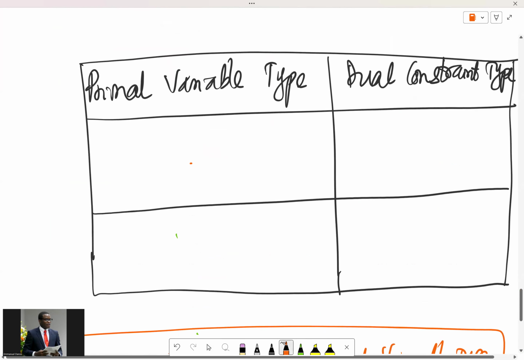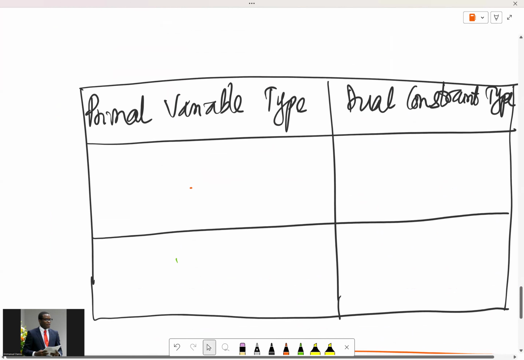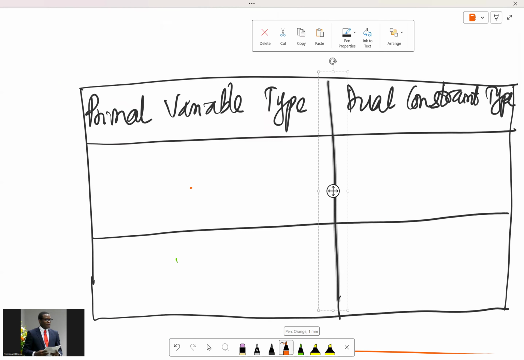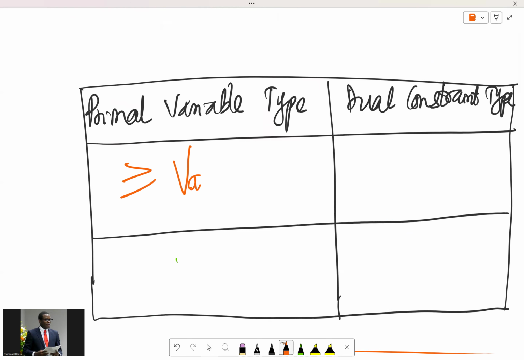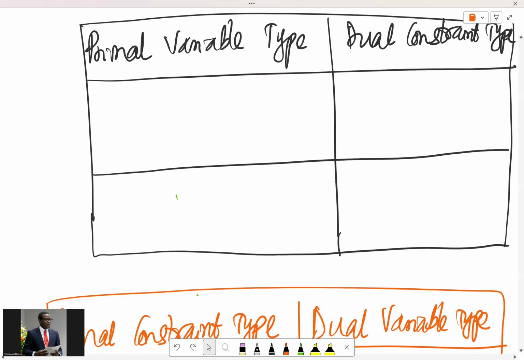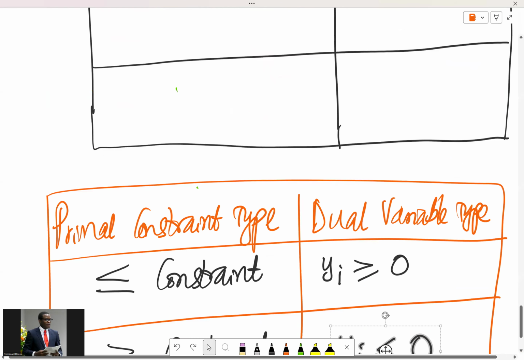Now, we're talking about the variable here, so it's better to just do this, since we're dealing with variables.